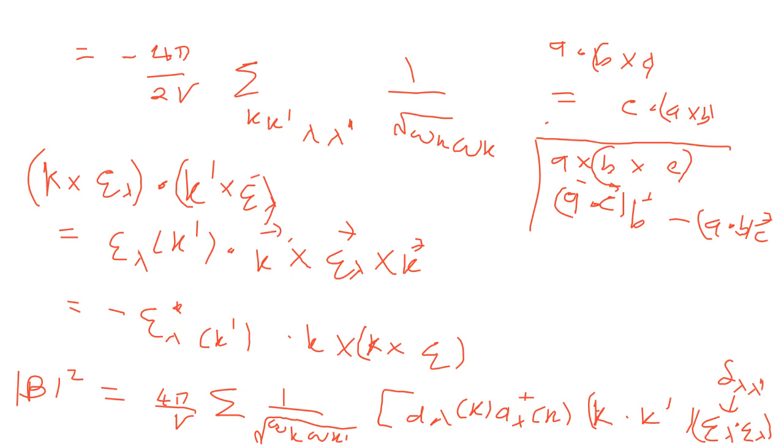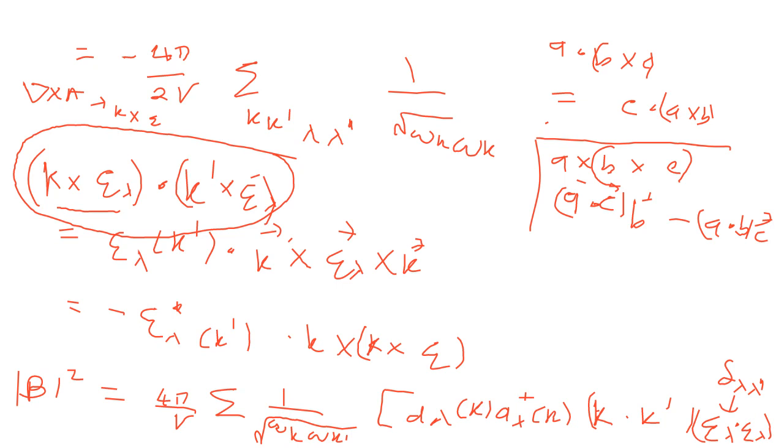I think the problem was that we started with something of this form, because if you take the curl, you end up having to multiply k with epsilon. So this was coming from the first sum, this was coming from the second sum, and then we made use of this identity and also that one to rewrite this in terms of dot products of k dot k prime and epsilon dot epsilon. That will give us, because this is a sum over k prime, lambda, and lambda prime, this gets rid of the sum over lambda prime.